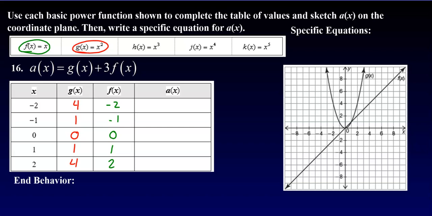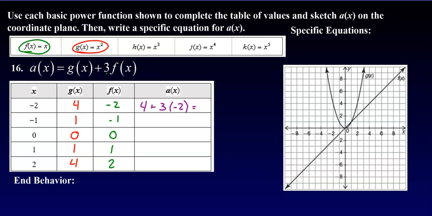A of x says that we have g of x plus 3 times f of x. So on this here, we have g of x, which was 4, plus 3 times negative 2.